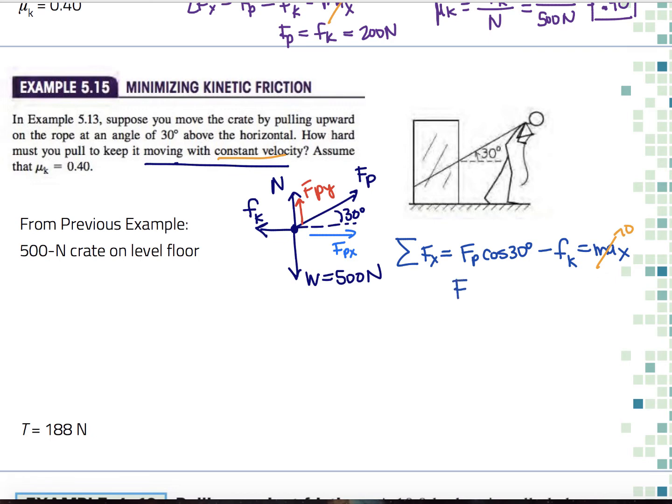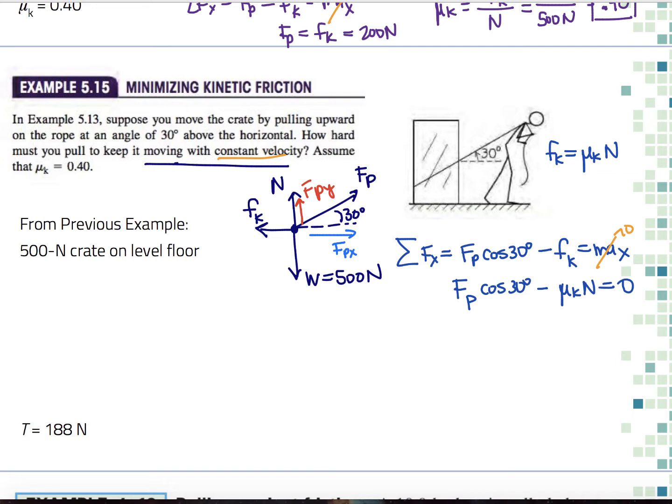And I'm going to go ahead and replace my kinetic friction with mu k times N. So my F pull times cosine of 30 degrees minus mu k times normal is equal to 0.